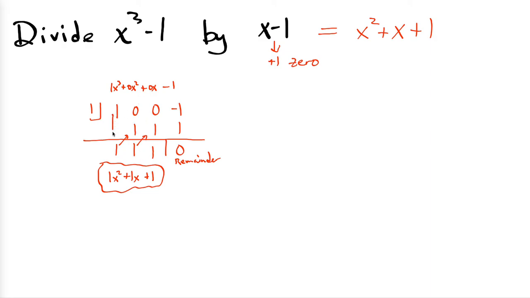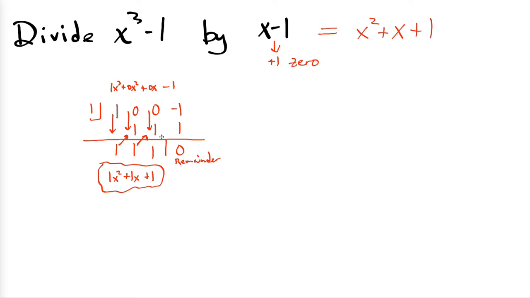You're always going to add down, multiply up. So 1 and nothing is 1. I'm going to multiply by the box. So 1 times 1 is 1. Add down, I get 1. This one's weird because they're all 1s. I'm going to multiply times the box. So 1 times 1 is 1.